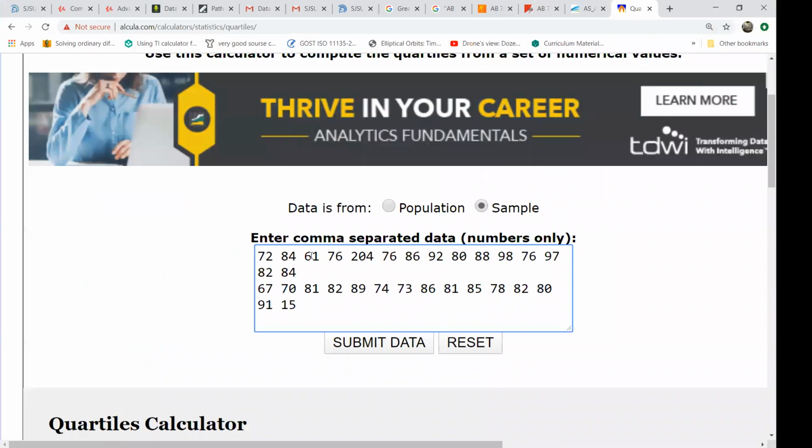This website is called Alcula. So you enter the data, you put a comma next to them to separate these numbers from each other. Since we are working with a sample, instead of selecting a population, we're selecting a sample.